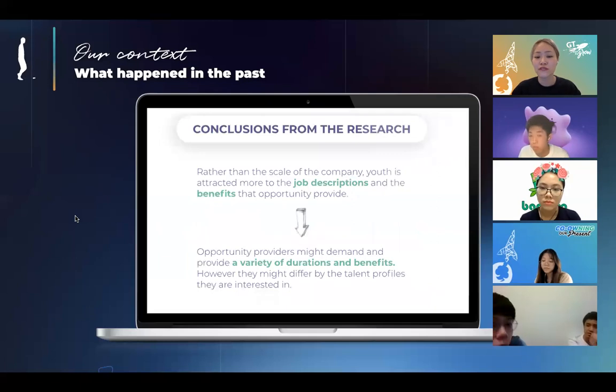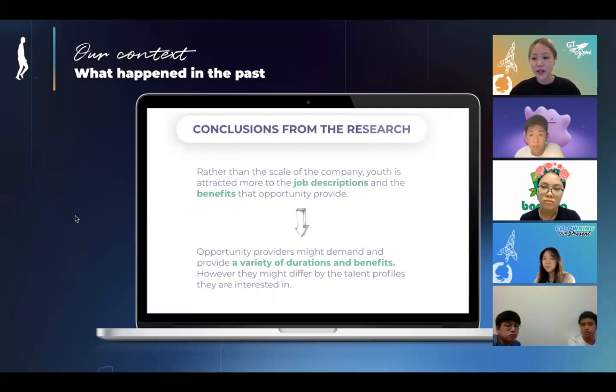And what was the conclusion from the research, which I still find very relevant today when we are going to make similar decisions, like trying to launch this VPP as a global program? It says that rather than the scale of the company, users are more attracted to the job descriptions and the benefits that the opportunity provides, which means they don't care whether it belongs to GE or GT.